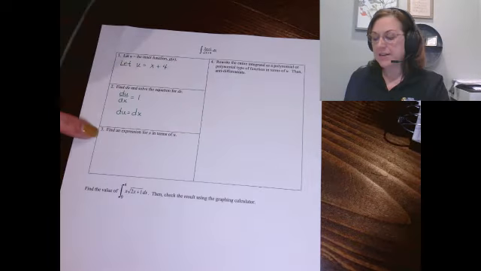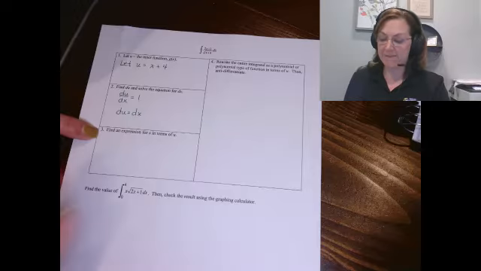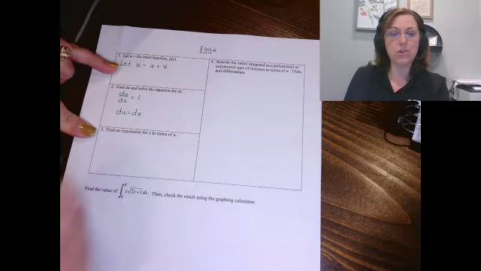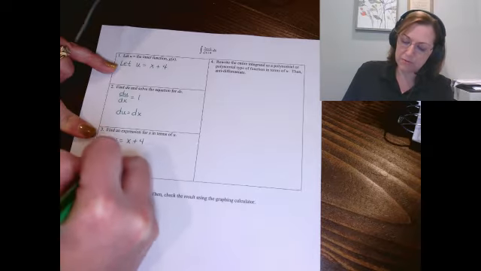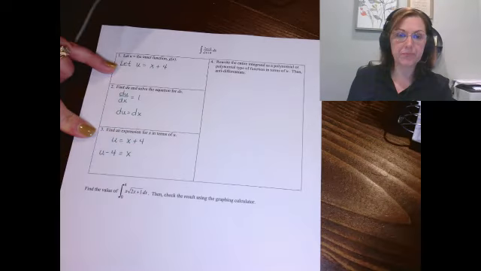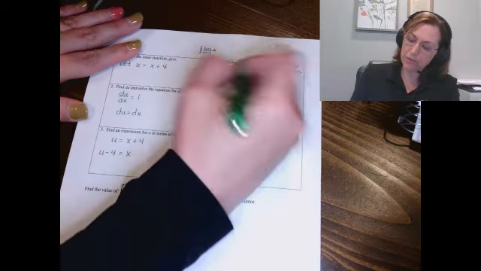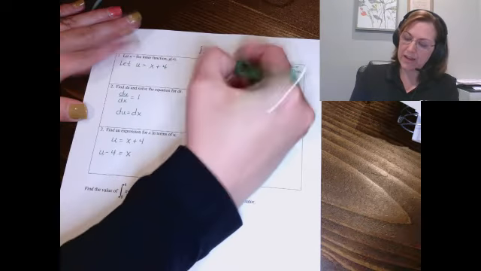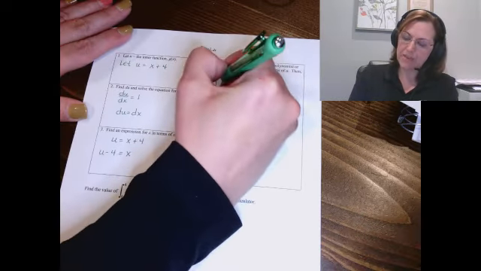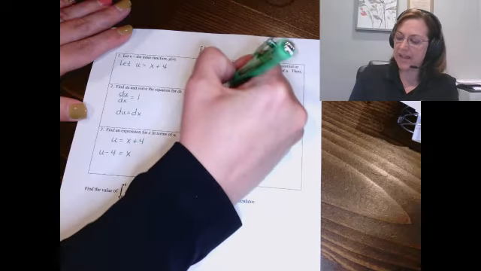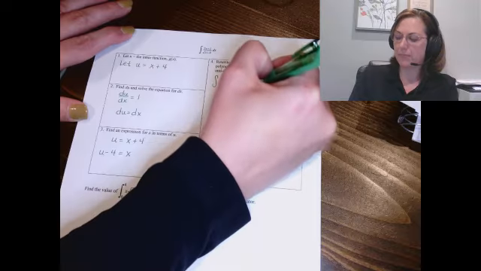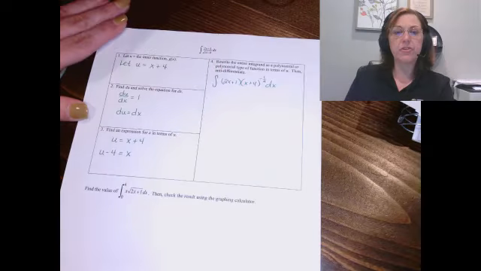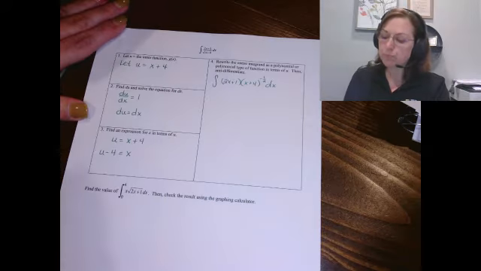Okay. Now we find an expression for x in terms of u. So take your u and solve for x. So I'm going to subtract 4 from both sides. Now let's take our integral and convert to u's. For simplicity's sake, I'm going to bring that x plus 4 to the negative 1/2 to the top so that it looks something like that. Okay.